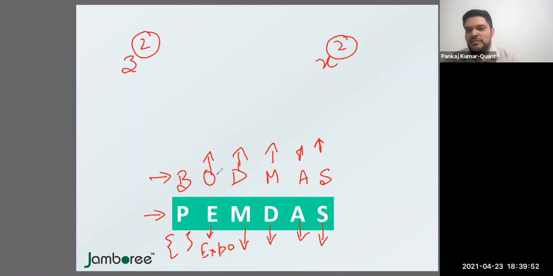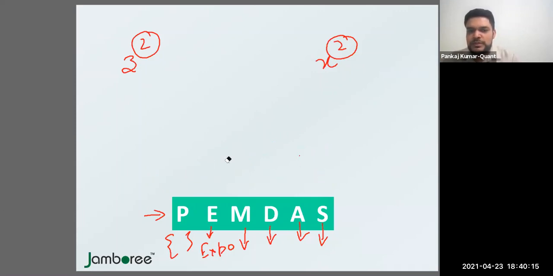I've heard some of my students say O is for other bracket. I don't know which bracket, but some other bracket. So we have developed our own BODMAS, but I don't know why. So we will be following PEMDAS throughout. But why am I saying PEMDAS is that important?